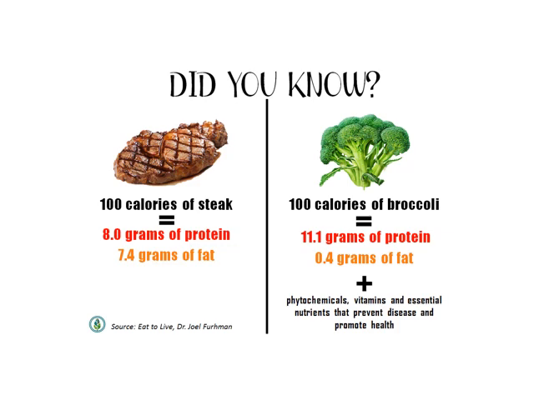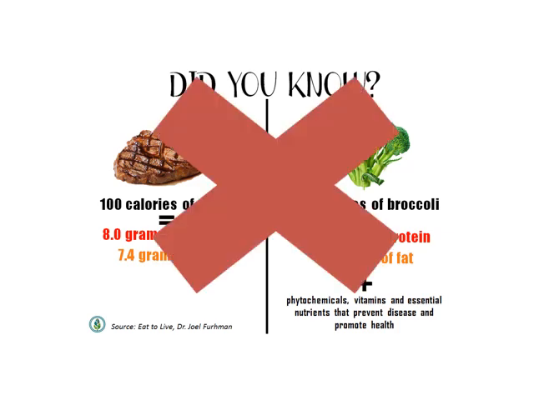What does this tell you? Does it tell you that broccoli is better than steak in terms of its protein value? Okay, can you trust this advertisement? Okay, so in terms of quality, do you think broccoli has better quality than steak? Well, it's not. I'll tell you why.